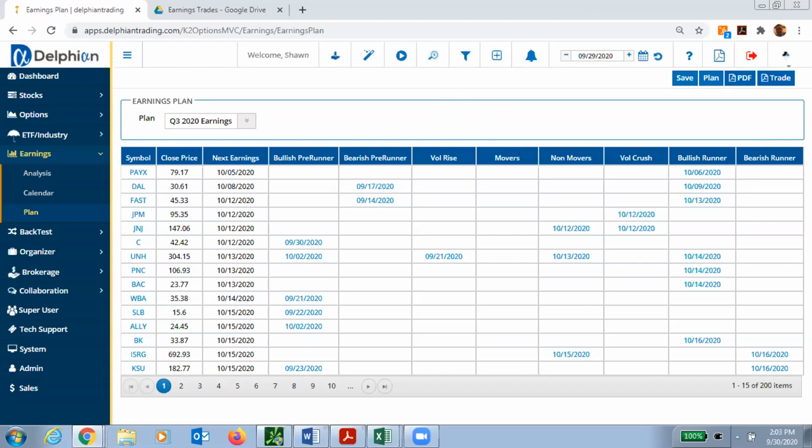If you typically figure a $5 move in the stock equates to a 50-cent move in the option, depending on how wide that bid-ask spread is, it might not show you a 50-cent gain. It might only show you a 30-cent gain or something to that effect. Although that 30-cent gain might still be above the 25% profit you're looking for, you just have to be careful to have the right expectations if that bid-ask spread is wider than normal.